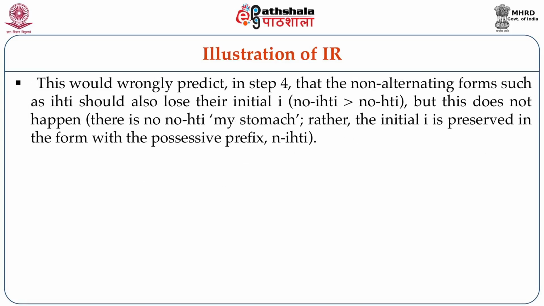This would wrongly predict in step 4 that the non-alternating forms such as ihti should also lose their initial e, but this does not happen. There is no nihti, my stomach, rather the initial e is preserved in that form.